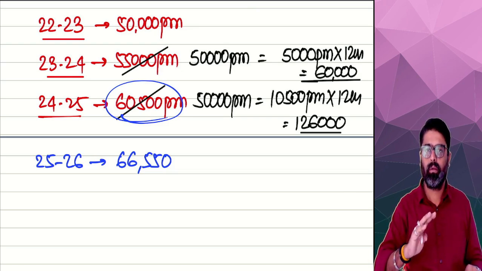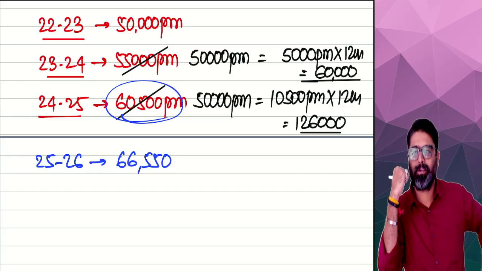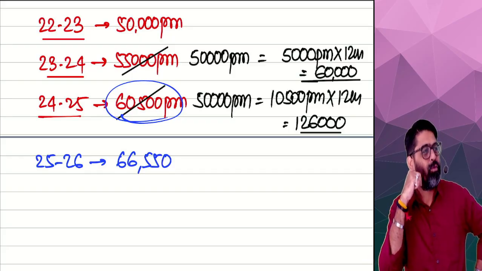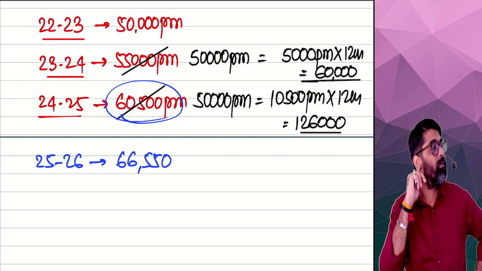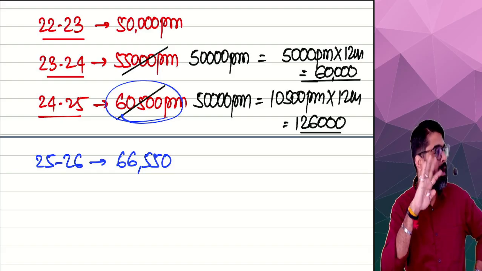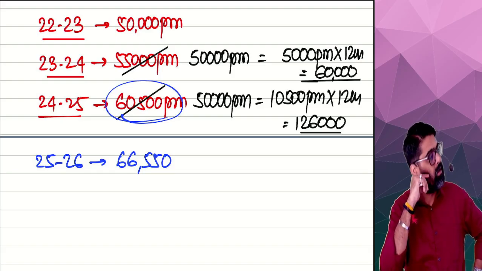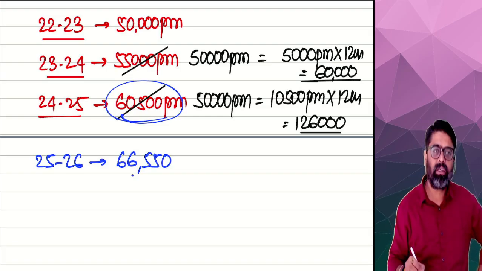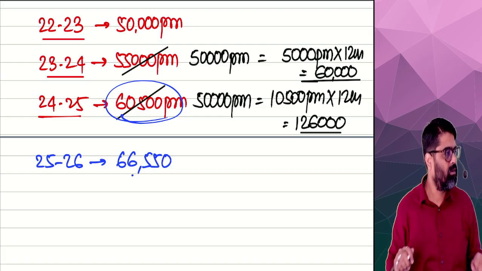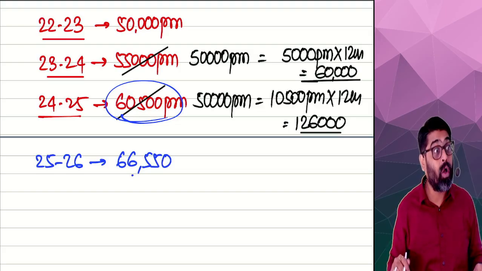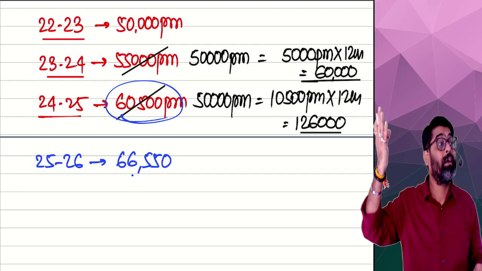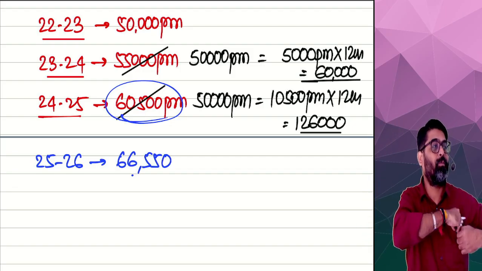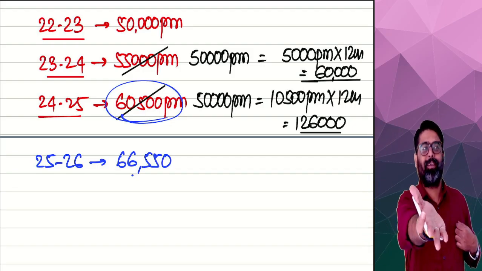Employer is saying, I'm giving you increment from this year. So from this year you will start getting how much salary? Now I will not keep any salary in arrears. So this entire year, how much should have been your salary? 66,550. Take this 66,550. And also the salary which was in arrears, I'm also paying you that salary.